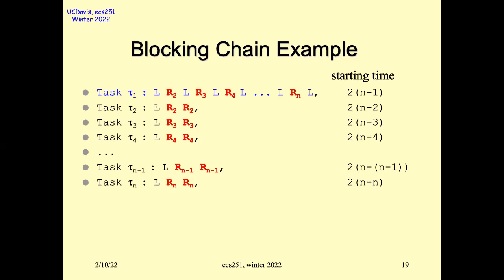Each of the other threads, sorry, I cheated, needs n-1 resources, from R2 all the way to Rn. And it just happened that there are n-1 threads, tau 2 to tau n, and each is holding a resource once.